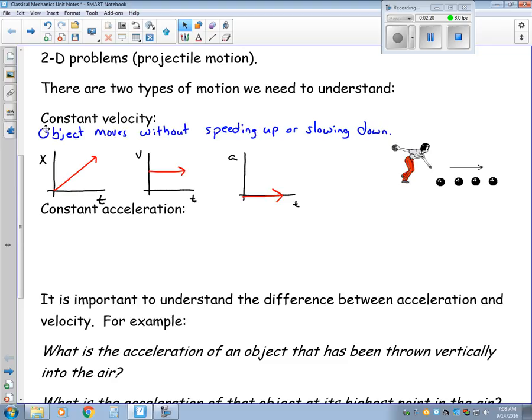Generally speaking, the acceleration needs to equal zero for constant velocity. And when we have constant velocity, the way we can calculate things is, as a general rule, just take the distance divided by time.